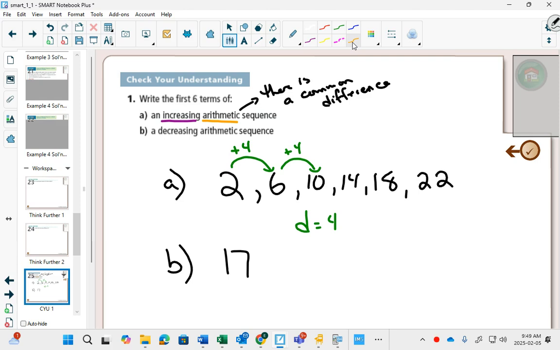How much should we go down by? 2. Go down by 2. So if we went down by 2, the next one would be 15. This makes it decreasing because you're going down. And if you're going down by 2 each time, then the next one will be 13, then 11, then 9, then 7.